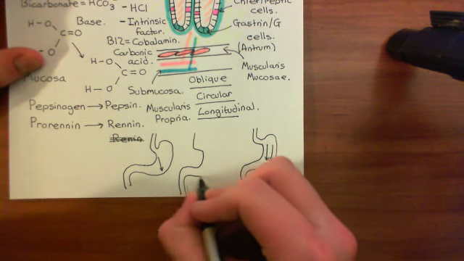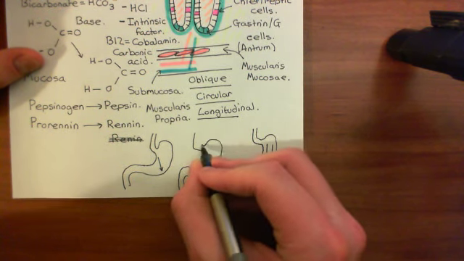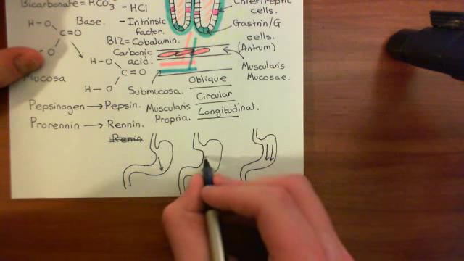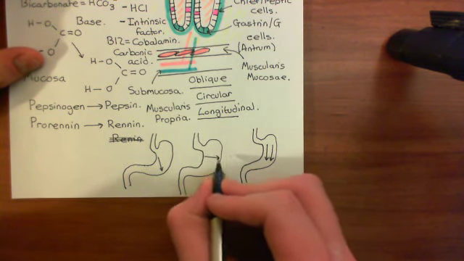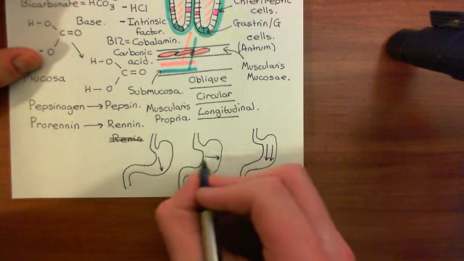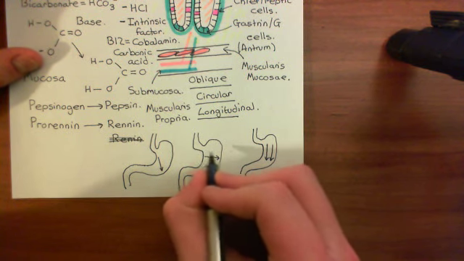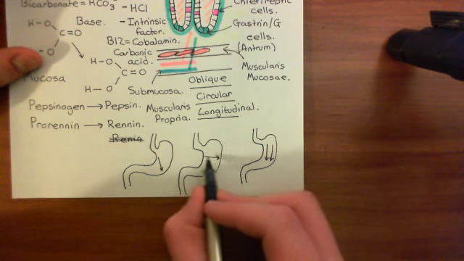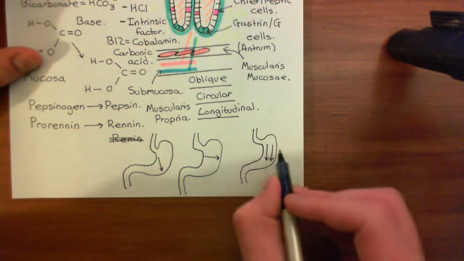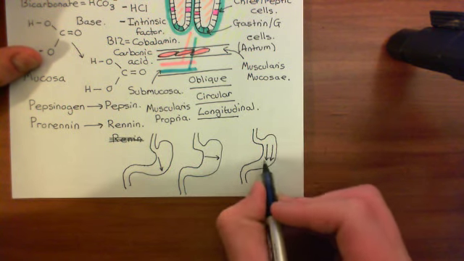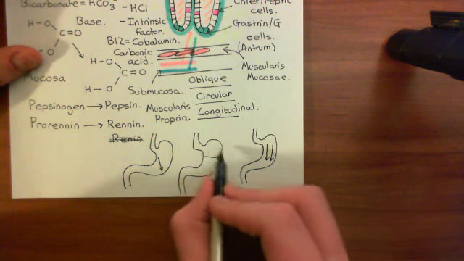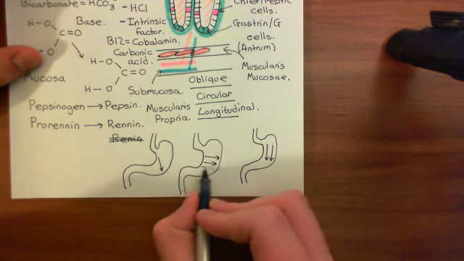So, if I draw the stomach again, like so, the circular fibres will be running around, well, if you imagine the stomach as a tube, they will be going around that tube, basically. So they're going in this sort of direction, perpendicular to the longitudinal axis, basically. So they're encircling the stomach, like so.